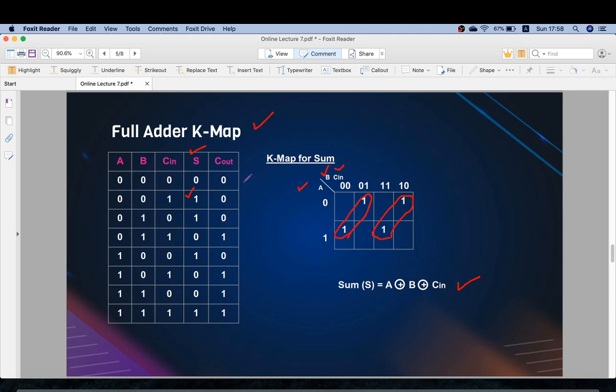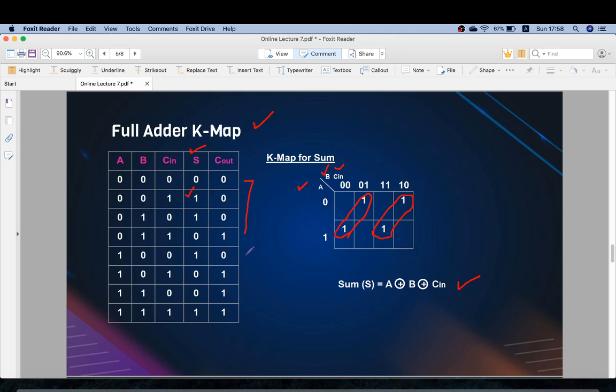Zero, zero, one. The first 4 is this, and the second 4 is this. So what are the second 4 numbers? That are 0, 1, 1, 1. So we will see these from here, and the remaining we write there.